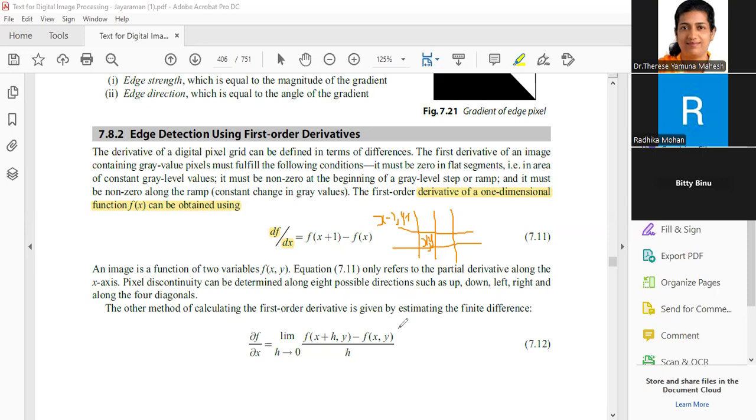That travel distance can be taken as 1. When we are taking the derivative with respect to x, y remains constant. So this is how we get f of x plus 1 minus f of x.